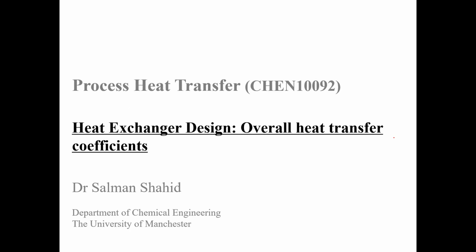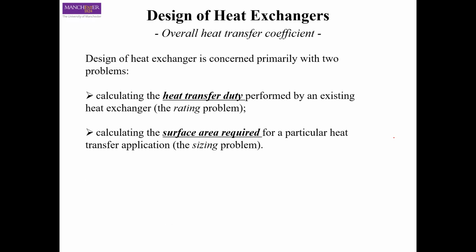So let's look at the overall heat transfer coefficient without fouling. As we discussed in the previous lecture, when we were talking about different classifications of heat exchangers, we said that there are two primary problems in heat exchanger design.